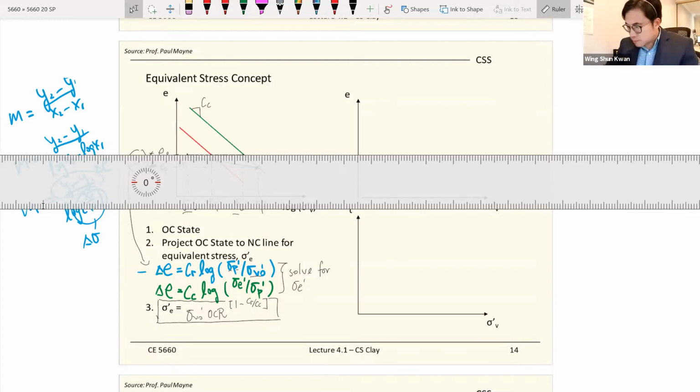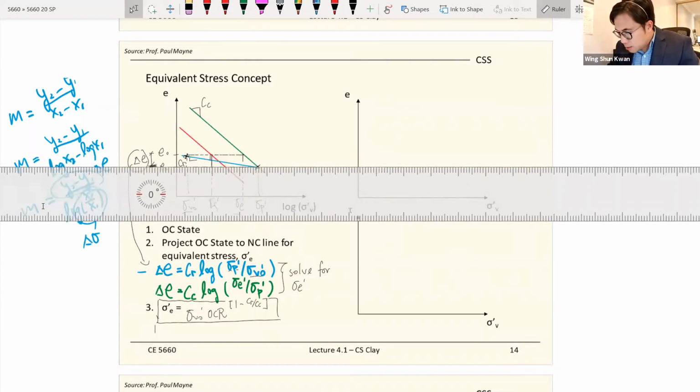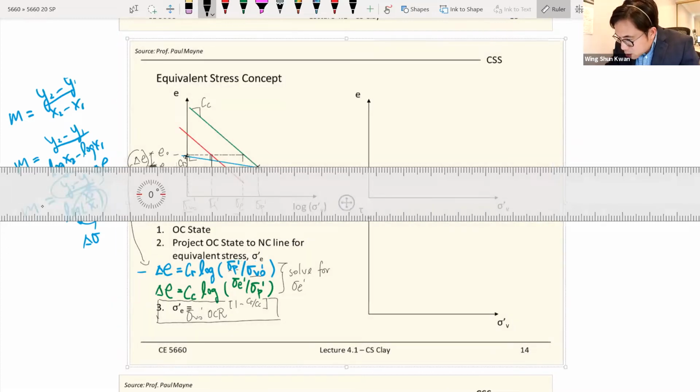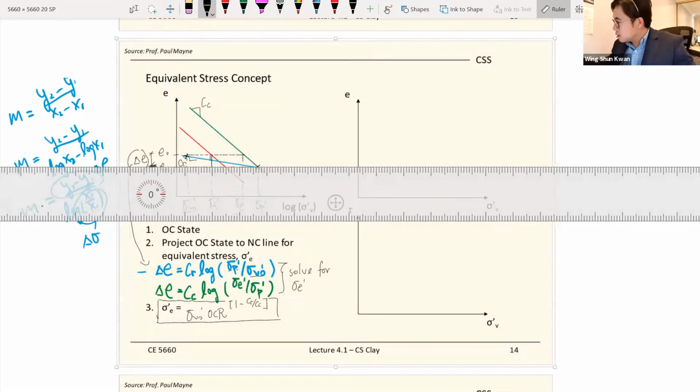Here I do my best. It's really hard to draw the curve. I'll try my best.